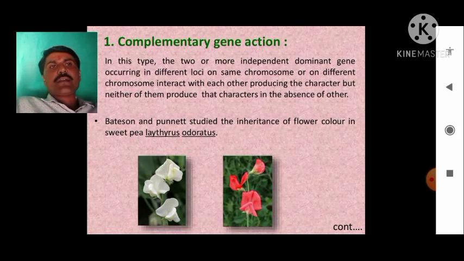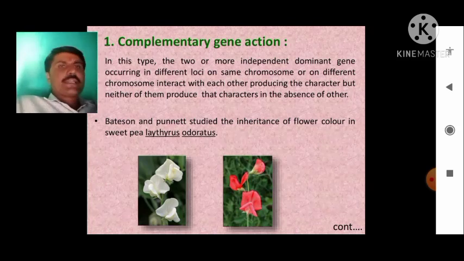What happens in complementary gene action? Two or more dominant genes occurring on different loci or different chromosomes interact with each other, producing the character, but neither of them produces the character in the absence of the other.